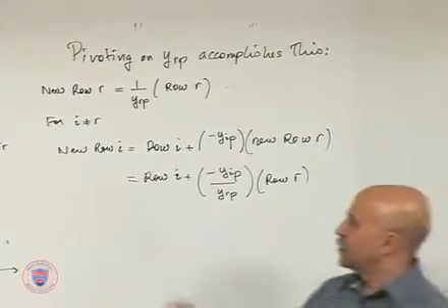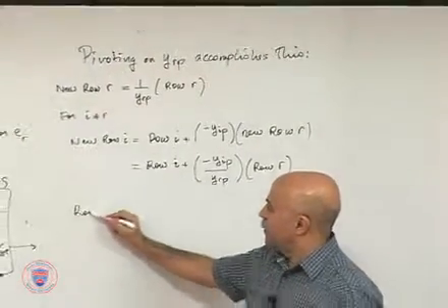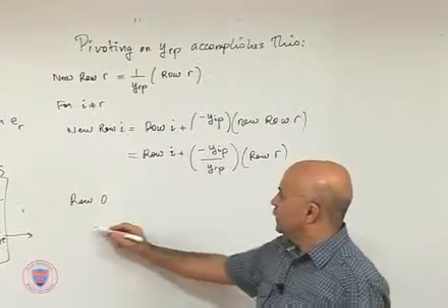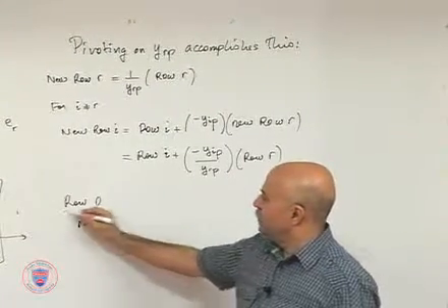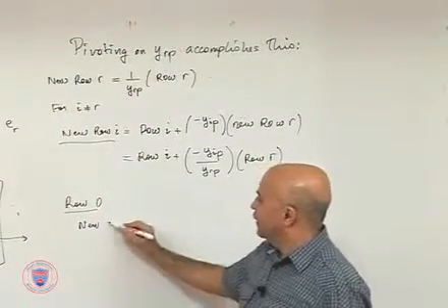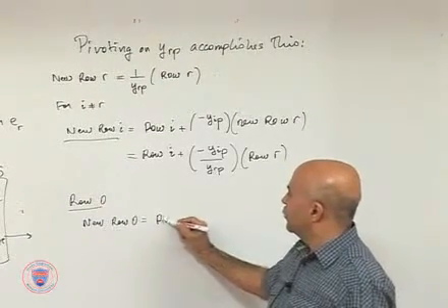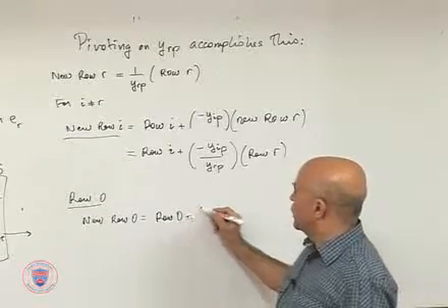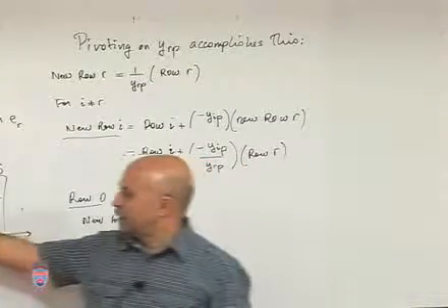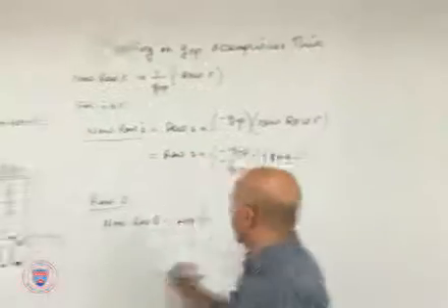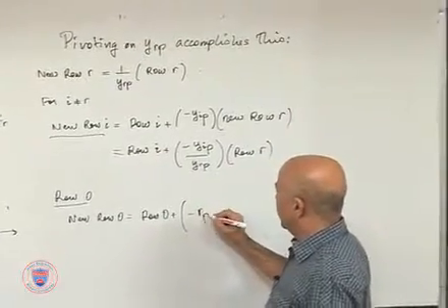Okay? There's only one other thing that's left, row 0. So the new row 0 is equal to old row 0 plus, in that case, of course, you want to have minus RP.